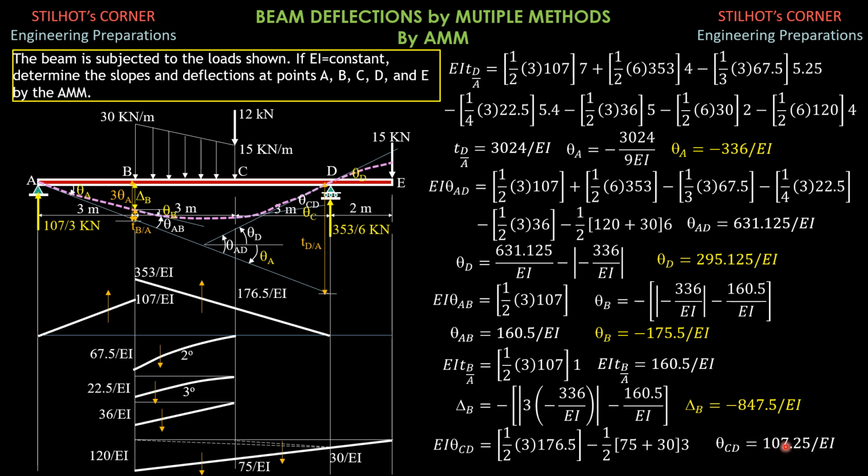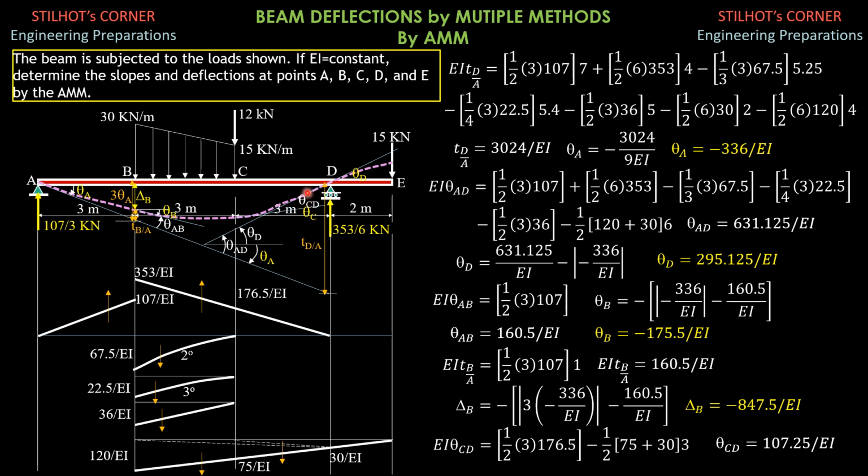That means that the tangent at C to the tangent at D is counterclockwise, as shown. So this is the tangent at C, that light blue colored line. The tangent at D is this. So from the tangent at C to the tangent at D, counterclockwise.